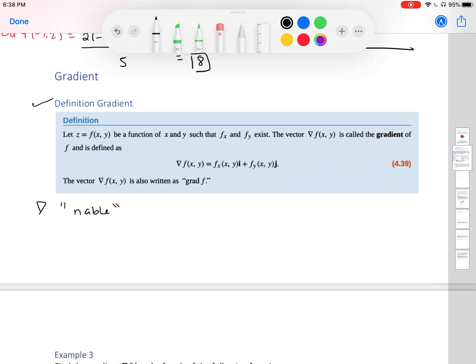And it's read as del f. So you can read del f, or you can just say the gradient of f. For us, we can also say the gradient of f. Nabla.